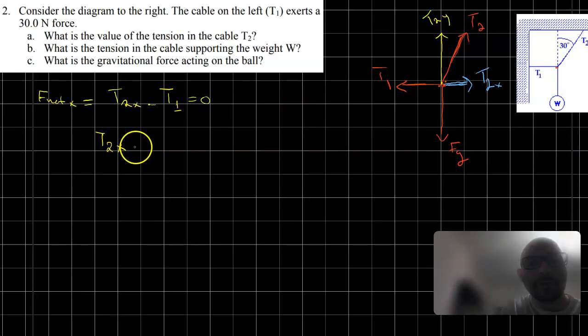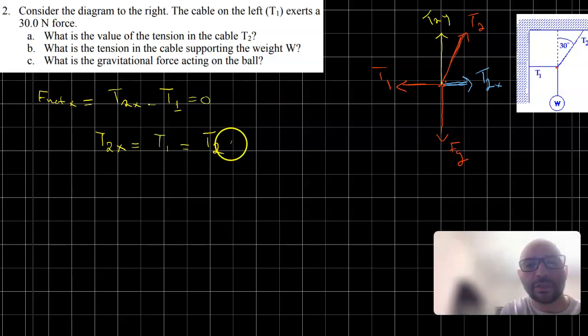and T2x equals T2 times the x component here, which is the opposite, which is sine 30.